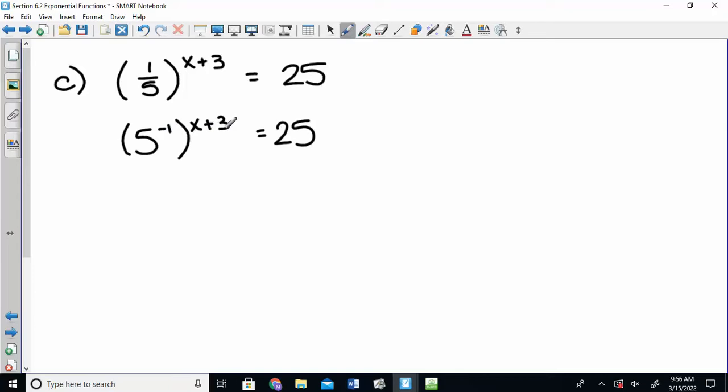Okay, so what do you have to do with these exponents? So that's 5 to the negative x minus 3. How would you rewrite 25? 5 squared. So then our exponents are equal.